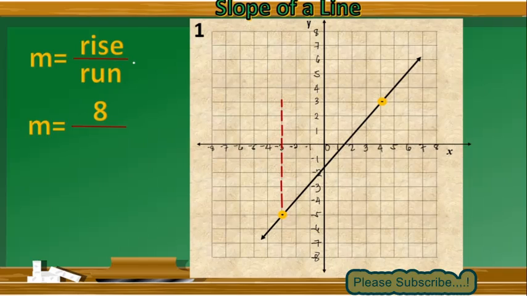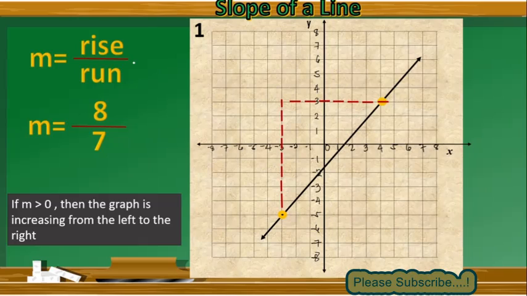Let us count 1, 2, 3, 4, 5, 6, 7 steps. Our run is 7. So this is now our slope for this graph, 8 over 7. Which means that m is greater than 0, our slope is greater than 0.